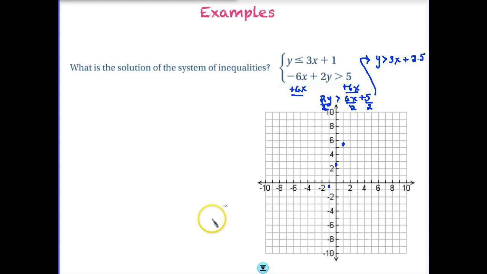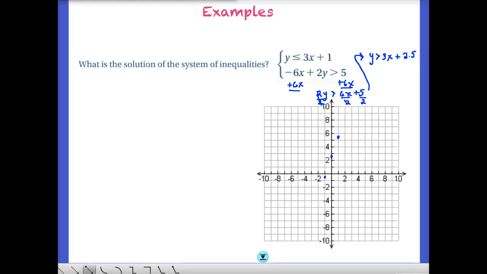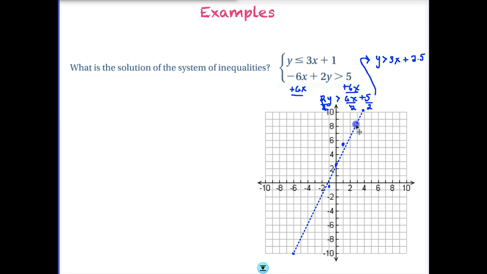My inequality is a greater than sign, so I know that I will need a dashed line for this. This is a boundary line, so I'm going to make my line go all the way through and then adjust as needed. Okay, pretty close.